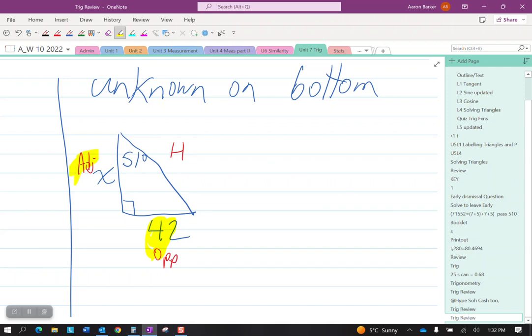O and A. So which trig ratio? Look at the top. TOA. So we start by writing tan theta equals opposite over adjacent. Tan theta equals 42 over x.